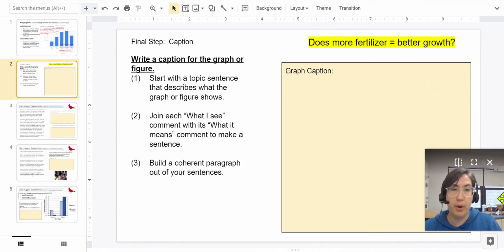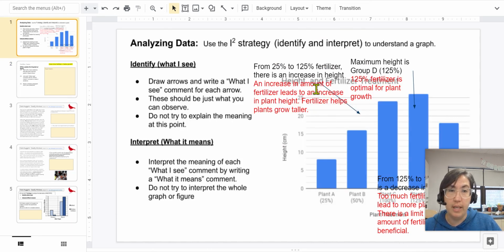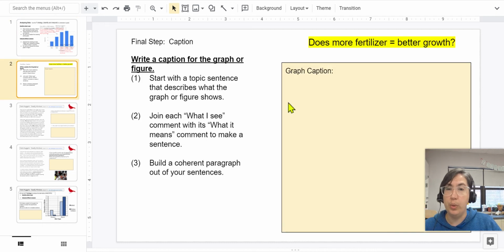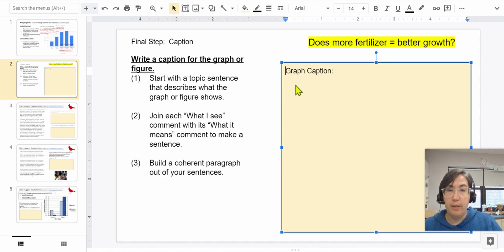And what we want to know is, does more fertilizer equal better growth? Okay, so start with the topic sentence that describes what the graph or figure shows. So if I go back to my graph, it's height and fertilizer treatment, right? So what is my graph trying to show? So I need my topic sentence.